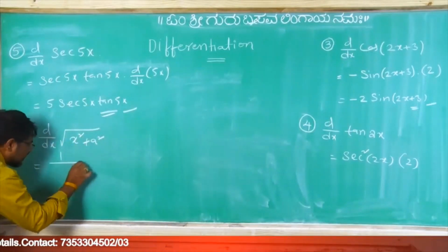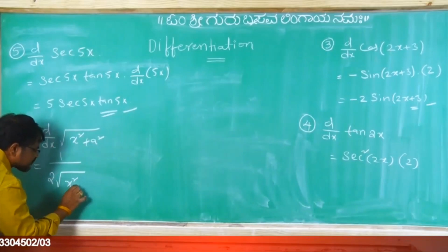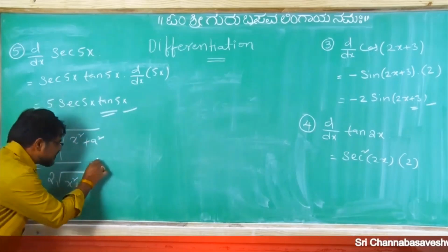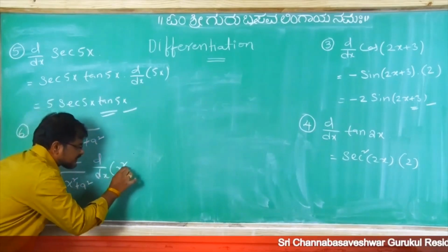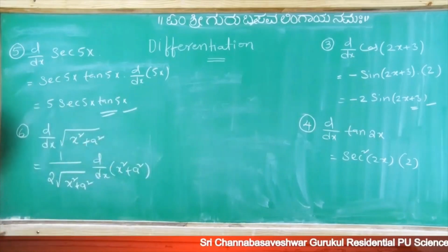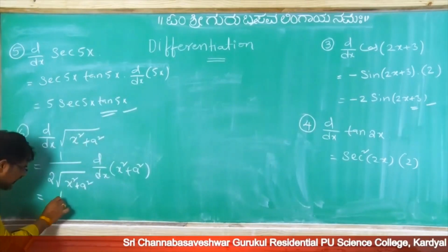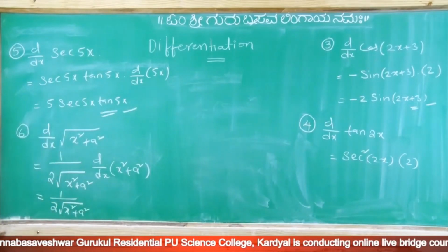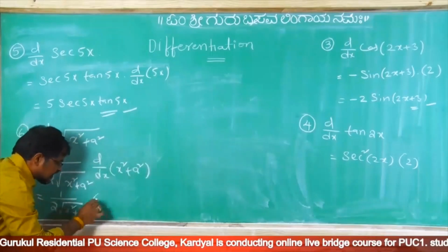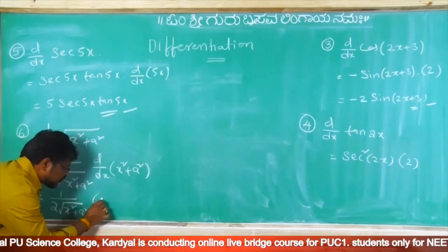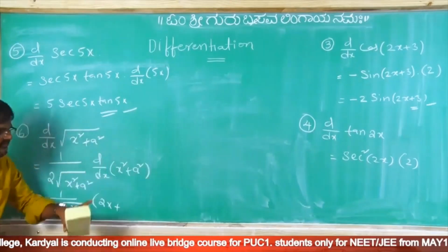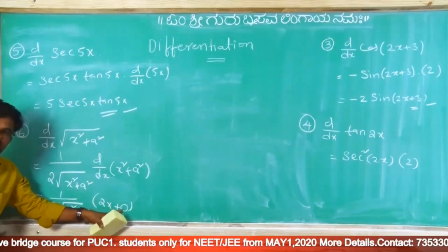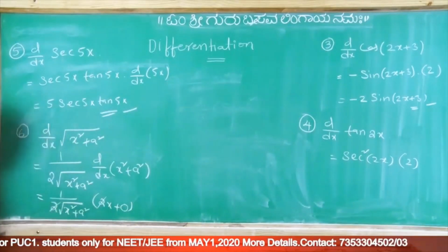So that is equal to 1 by 2 root of x square plus a square. Again we have to do the differentiation of x square plus a square. This stays as it is, 1 by 2 into root of x square plus a square, and the differentiation of this is 2x plus the differentiation of a square, which is 0. So like this you will get. Now 2x plus 0 is 2x only. Here the 2 and 2 get cancelled. What is remaining?